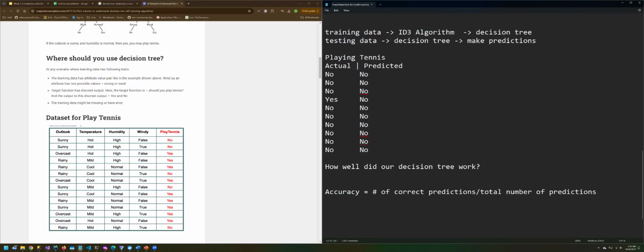And so we want to compute accuracy, so the number of correct predictions are 9 and the total number is 10. And so this would give us an accuracy of 90%.